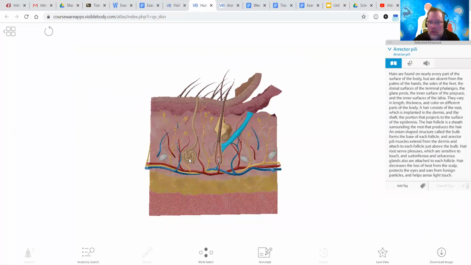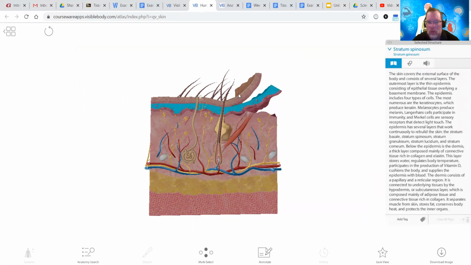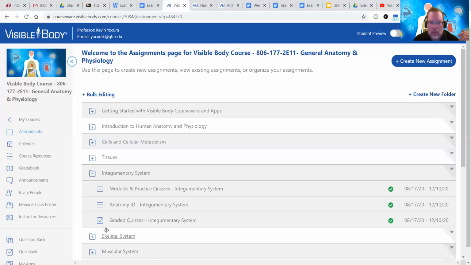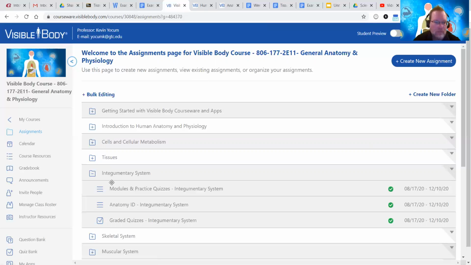It's taken directly from this. Plus, this will help you poke around a little bit and get acclimated to this app, because in the next 2 weeks, when we do skeletal, we're going to spend quite a bit of time working in this app and looking at some of these bones.